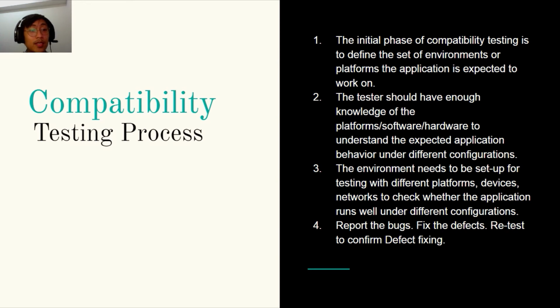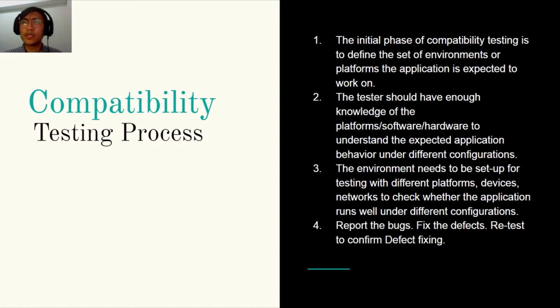So this is the compatibility testing process. Firstly, the initial phase of compatibility testing is to define the set of environments or platforms the application is expected to work on. The tester should have enough knowledge of the platform, software, or hardware to understand the expected application's behavior under different configurations.